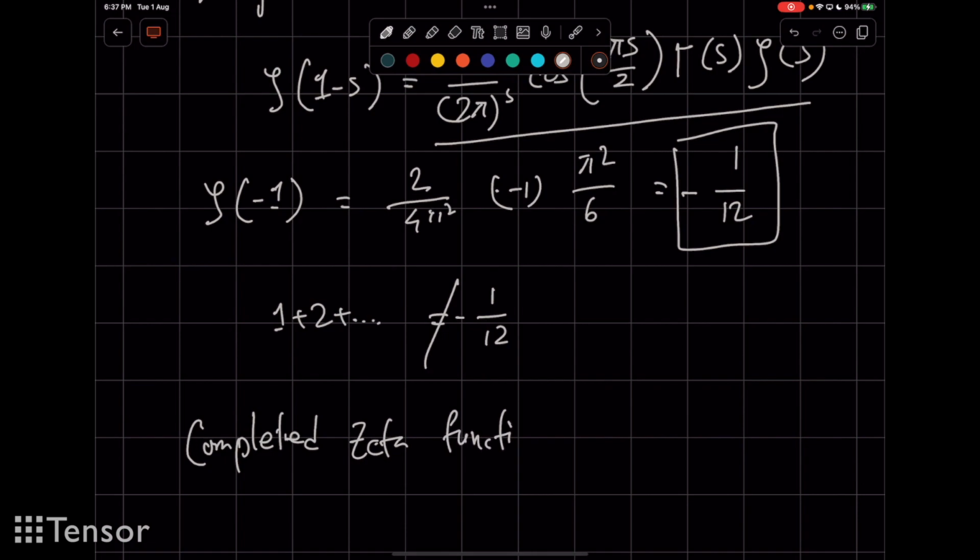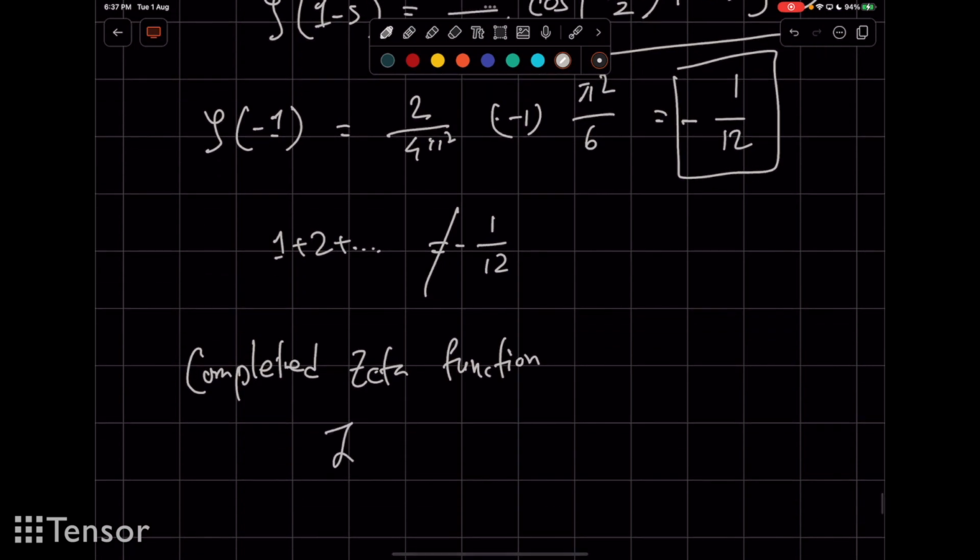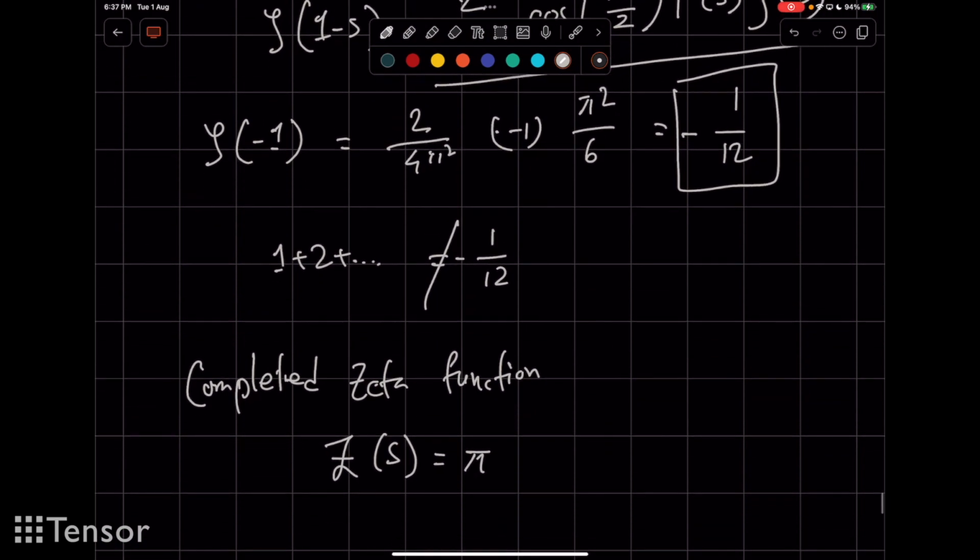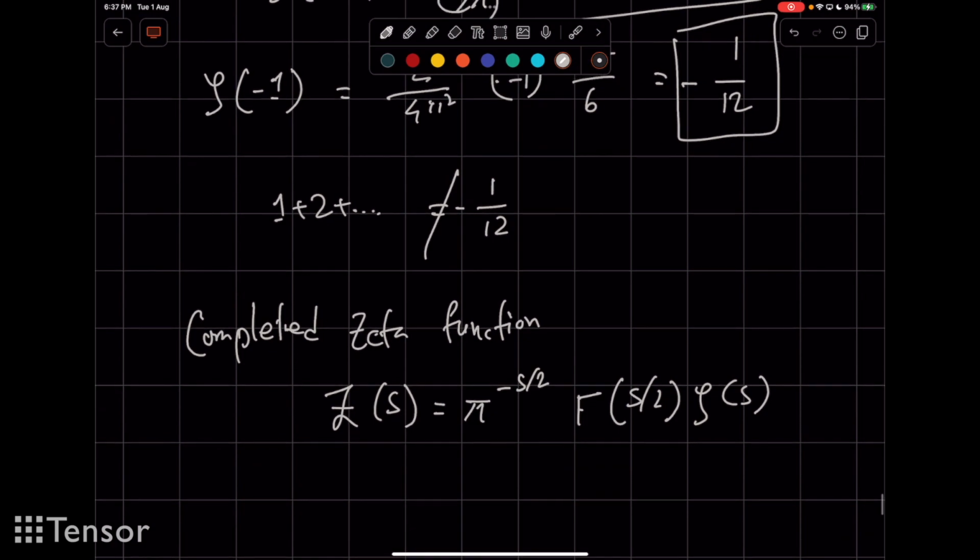The completed zeta function is defined like this. z of s is equal to pi to the power negative s over 2 gamma of s over 2 zeta of s. So if this is how we define the function z, then z has a very clean functional equation, that is z of 1 minus s is equal to z of s.